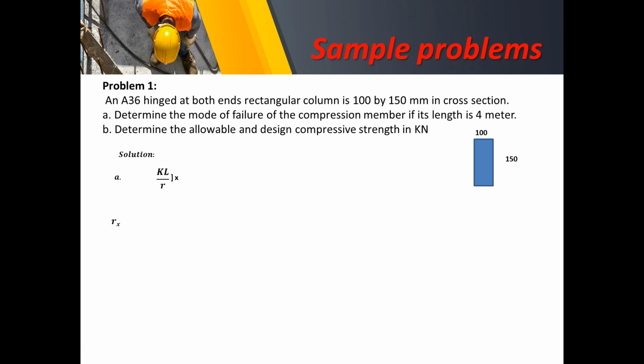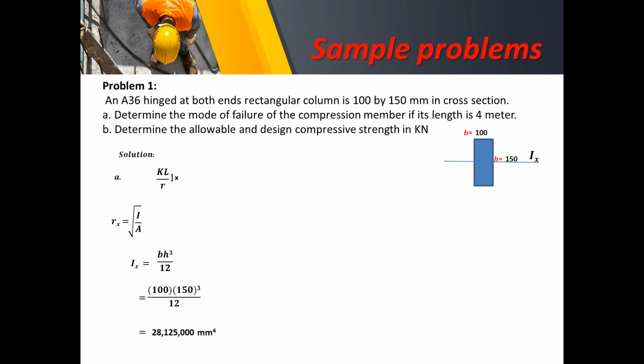Of course, we will be needing the value of the radius of gyration for the x-axis, which is given by the equation square root of I over A. So here, we need to compute the moment of inertia about the x-axis. So this is Ix. The base here will be your 100 and the height will be the 150. So we substitute that into our equation.